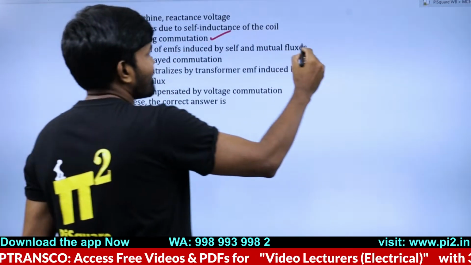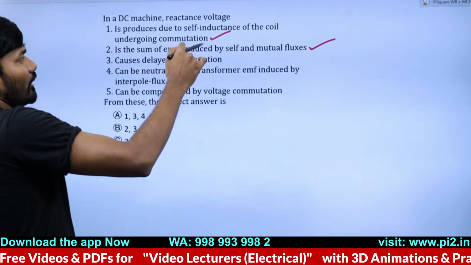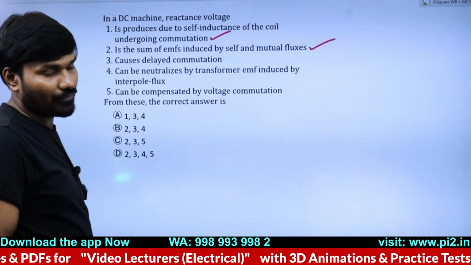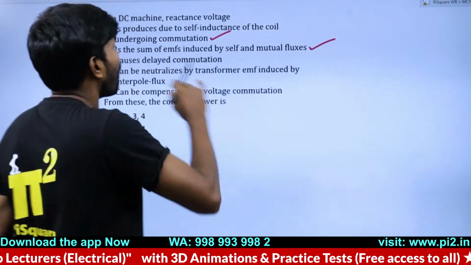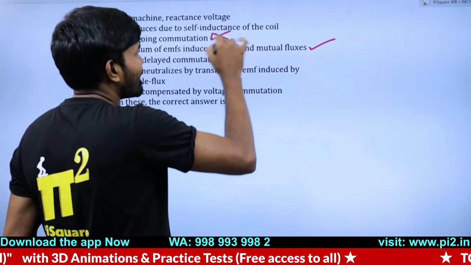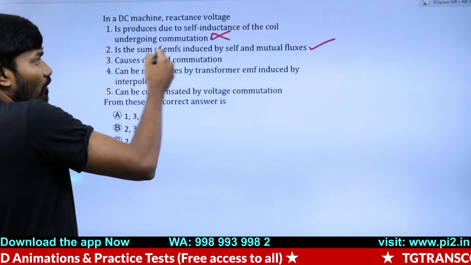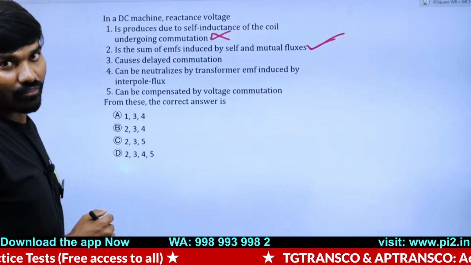This is more appropriate. The first is talking only about the coil undergoing commutation, but this says not just the coil under commutation, but the sum of all. So though apparently the first seems correct, this is more appropriate, so I would mark this. Careful guys.